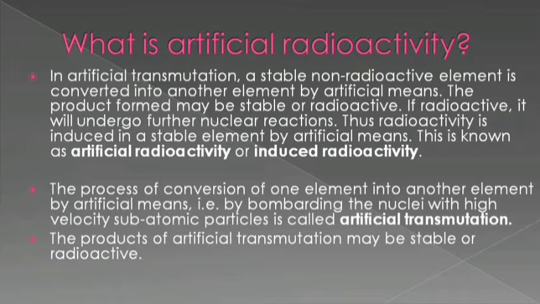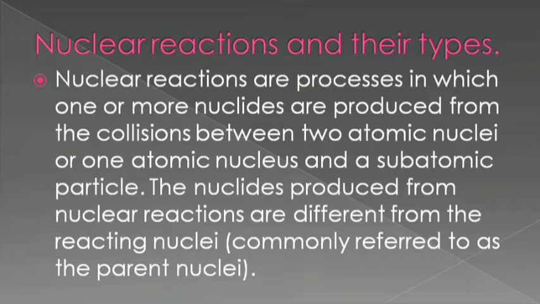The process of conversion of one element into another element by artificial means can be done by bombarding nuclei with high velocity subatomic particles. Now moving on to the different nuclear reactions and their types.